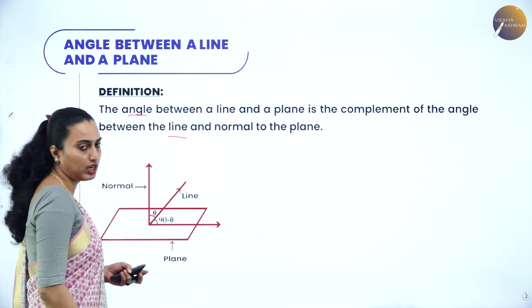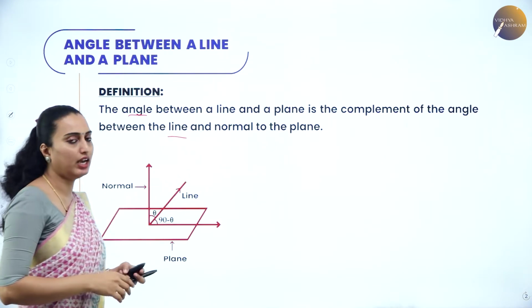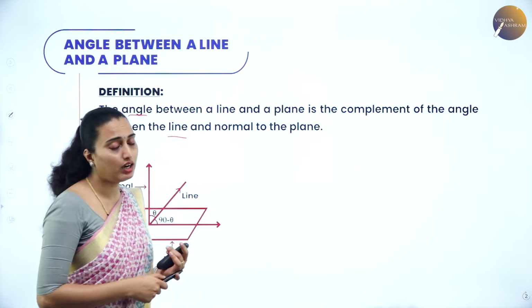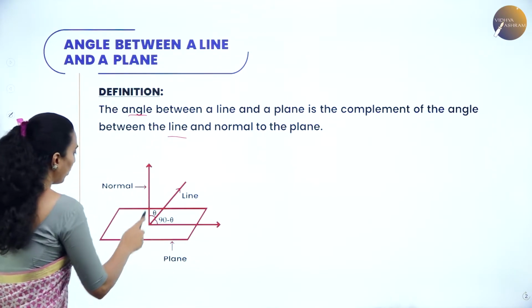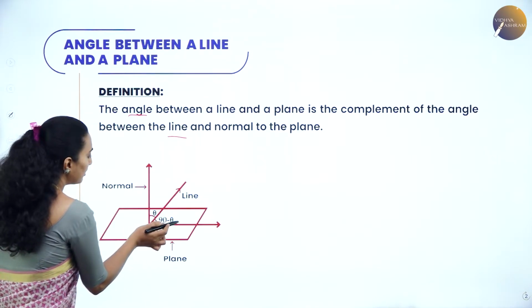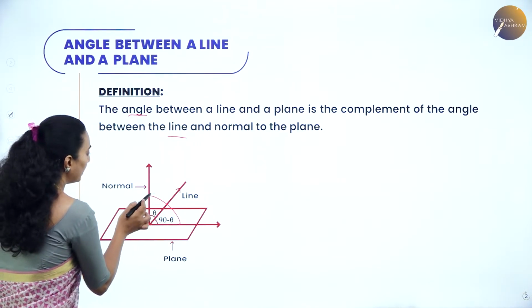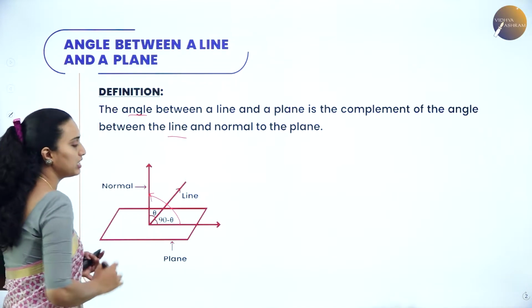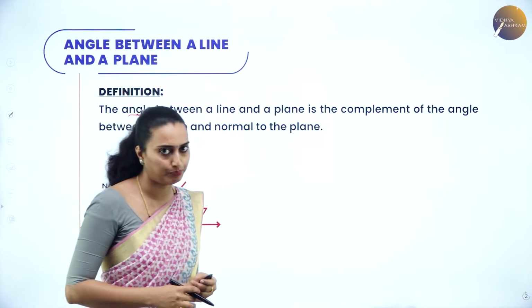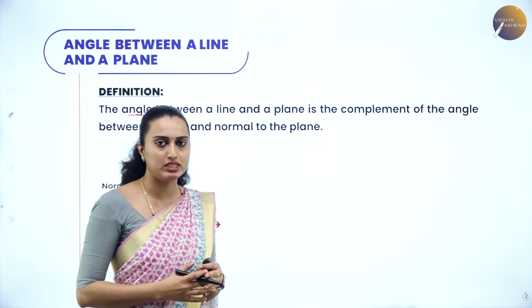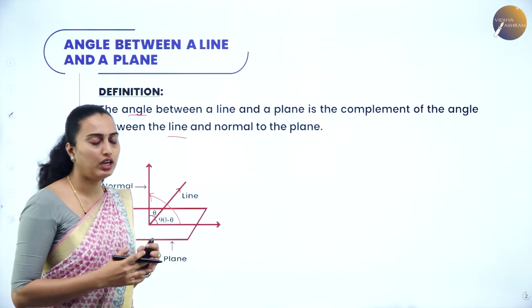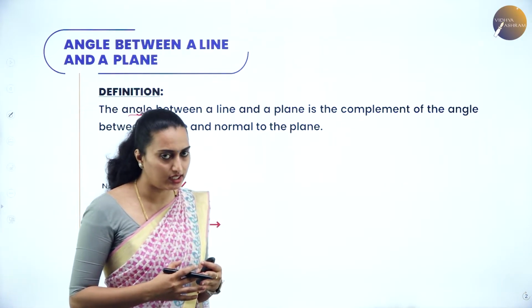This is 90 degrees, and this will be 90 minus theta, if I measure this angle as theta. Now here I am going to consider a line.